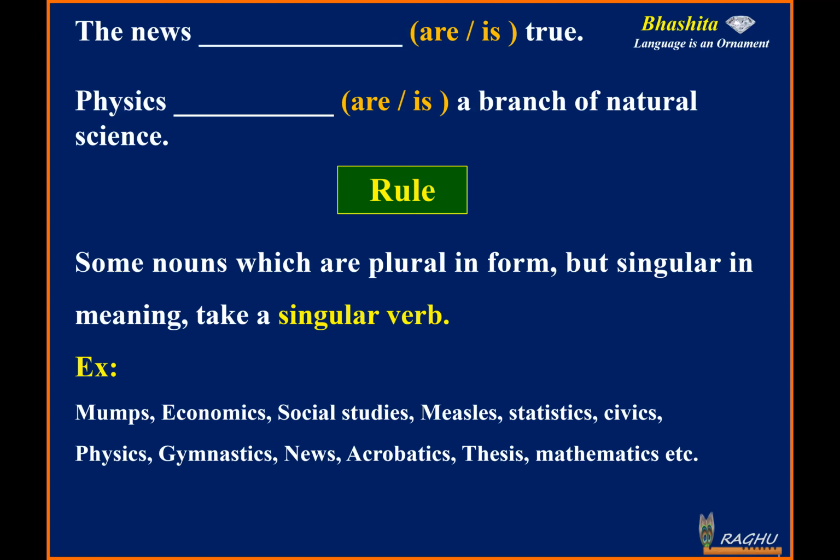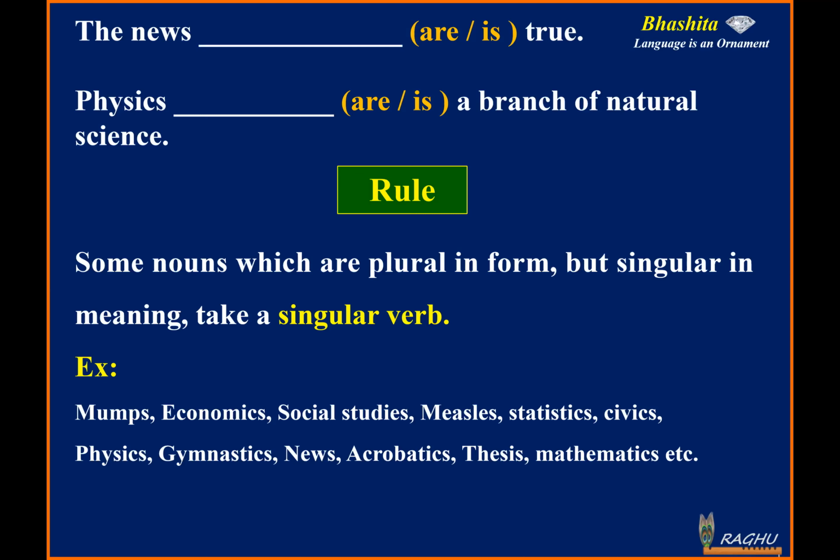So according to this rule, observe the given two sentences on the screen. The news is a noun, but it looks like a plural by adding s to the noun. In the second sentence also, physics looks like a plural, but both the nouns are not plurals, they are singulars. They may confuse us like plurals, but they are singular in their form.